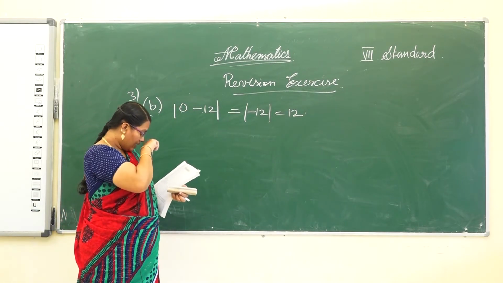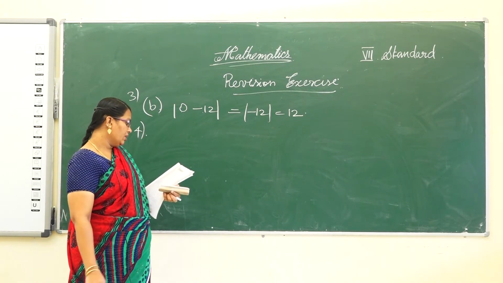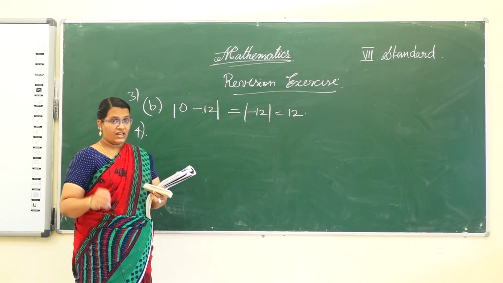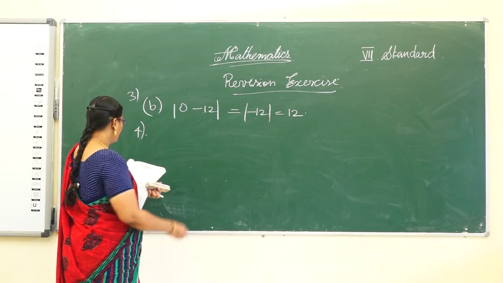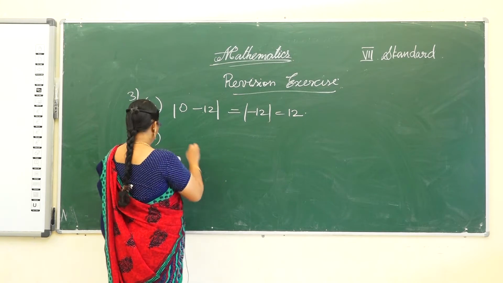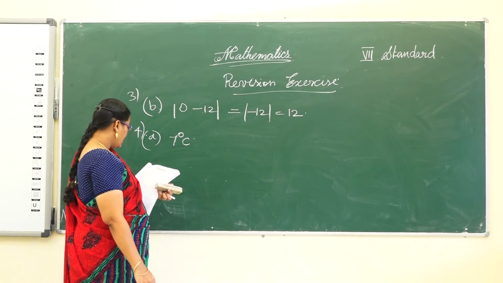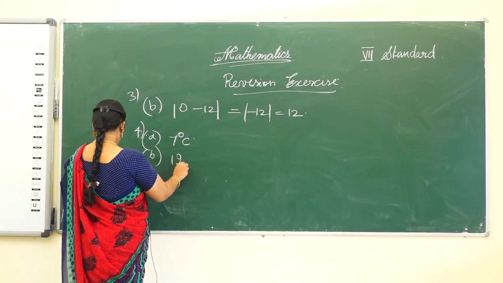Okay. And then fourth one, which temperature is higher? Already you know all the positive values are greater compared with the negative values. So first option A, minus 7 degrees Celsius or 7 degrees Celsius. The answer is 7 degrees Celsius. And second one B, the greatest value is the higher temperature.